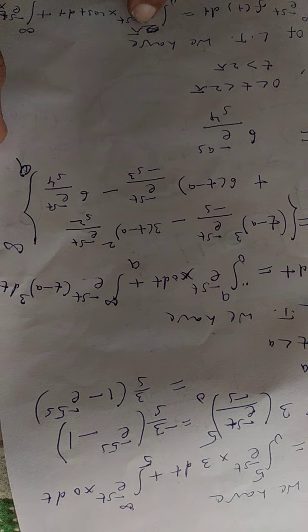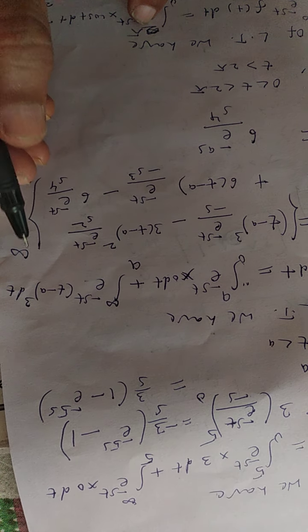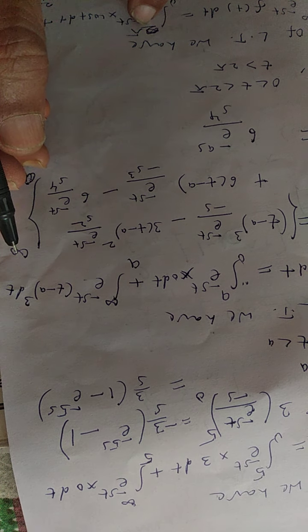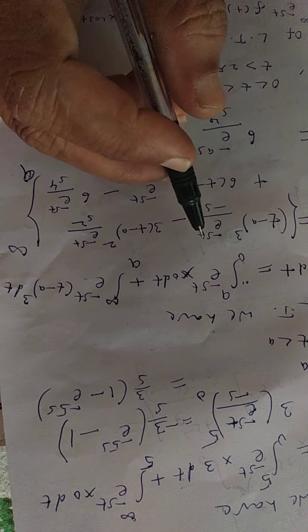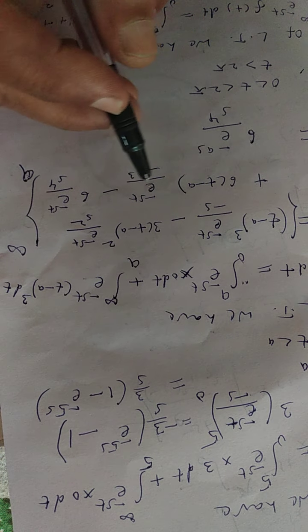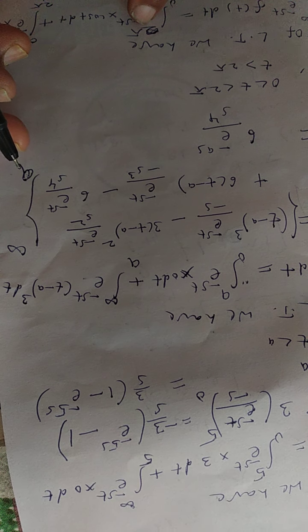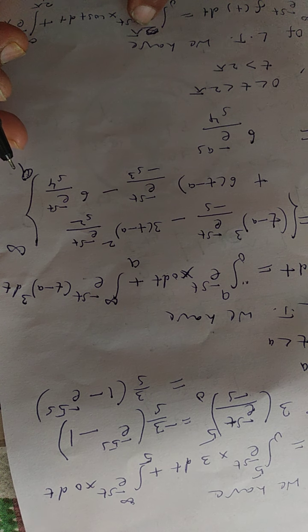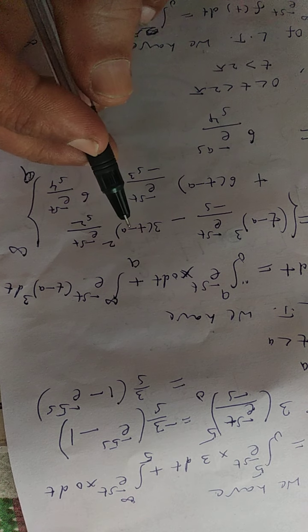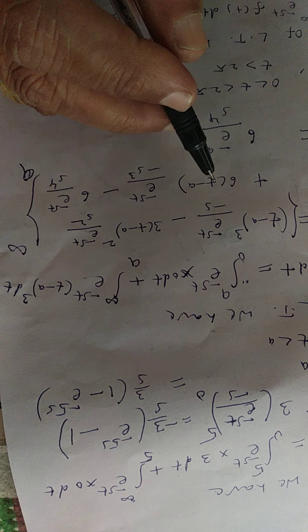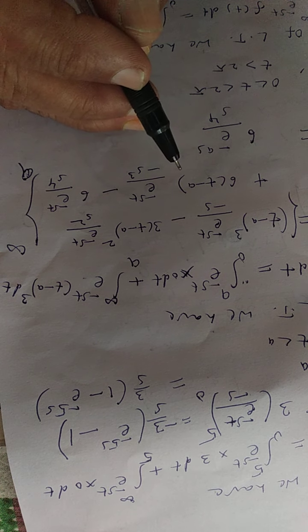the value of this is, when we take the upper limit, e raised to minus infinity is 0. So 0 minus, if we put t is equal to a, then t minus a, that is a minus a, 0.